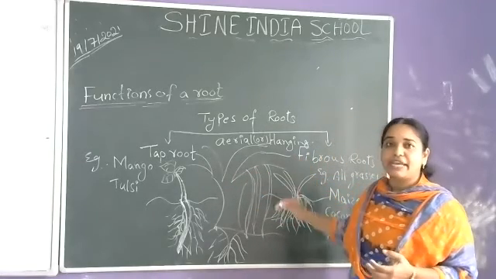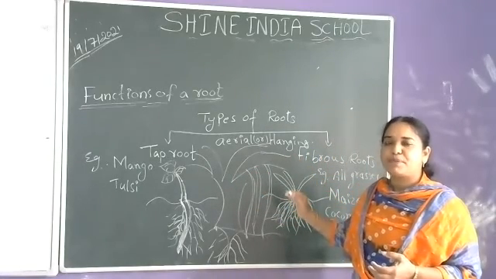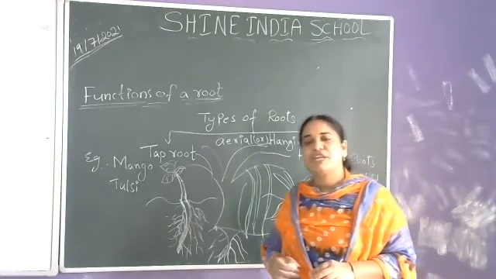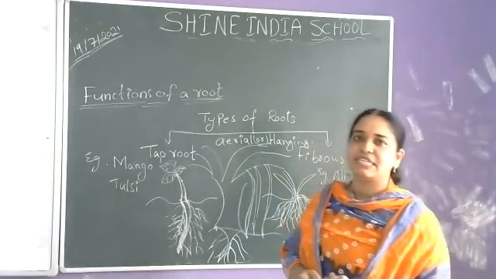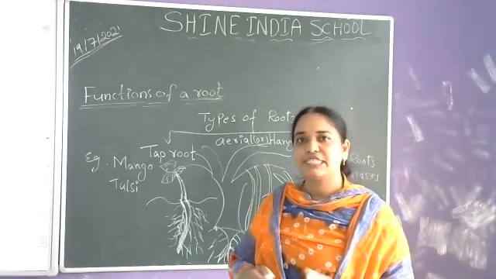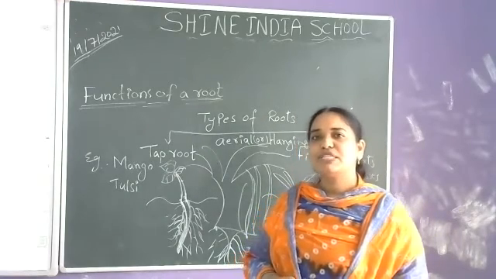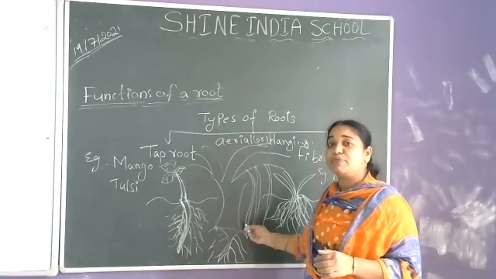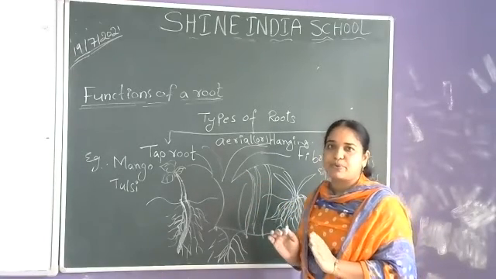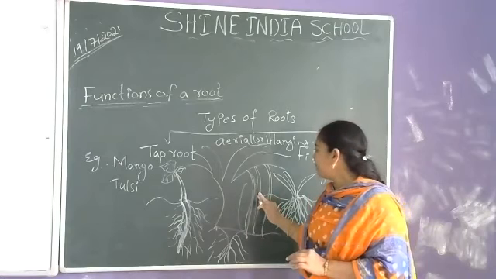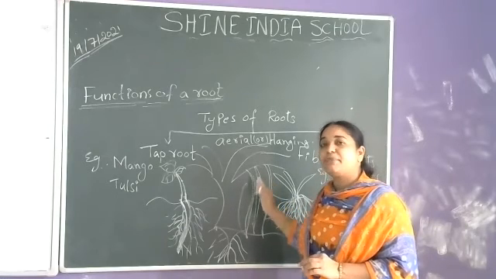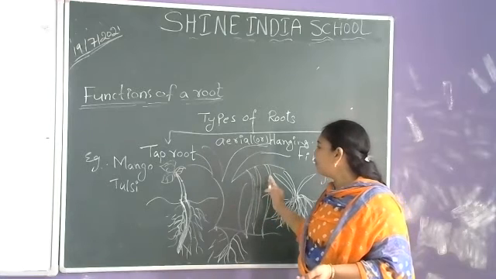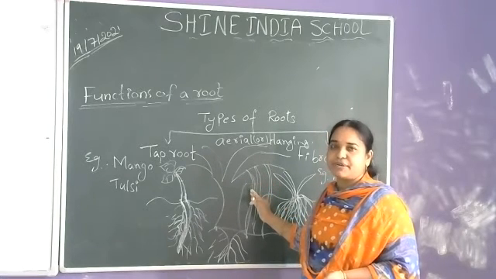The banyan tree has very big and long branches, and those branches need support. So the hanging roots provide support for the banyan tree.